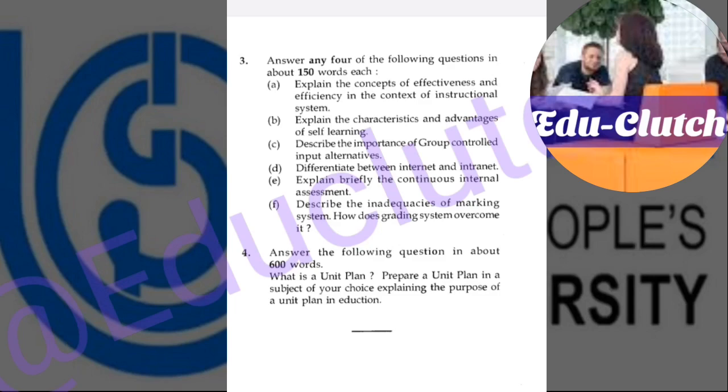Third is, describe the importance of group-controlled input alternatives. Fourth is, differentiate between internet and intranet. Fifth is, explain briefly the continuous internal assessment.